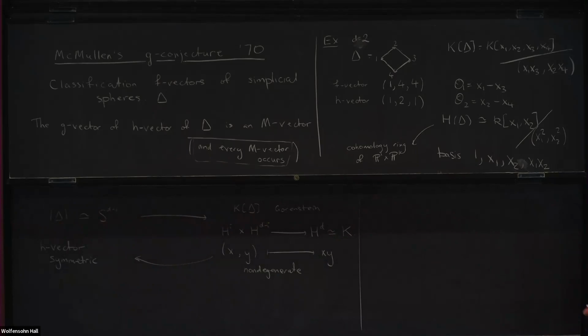Okay, so the last piece of my dictionary is that I want to tell you, so we've kind of translated everything. So what does the g-conjecture itself mean in commutative algebra? So this should correspond to something in commutative algebra. Maybe this isn't quite bijective, but there should be some corresponding thing here. And the corresponding thing here is called the algebraic g-conjecture.